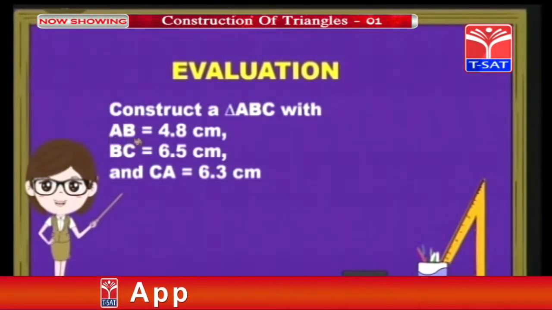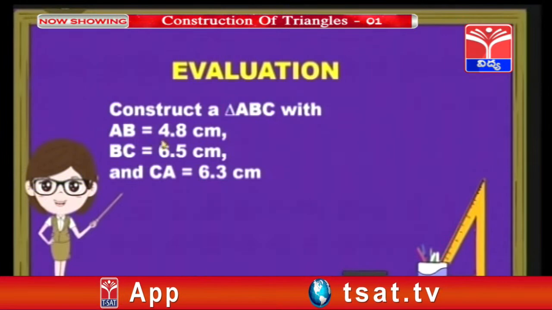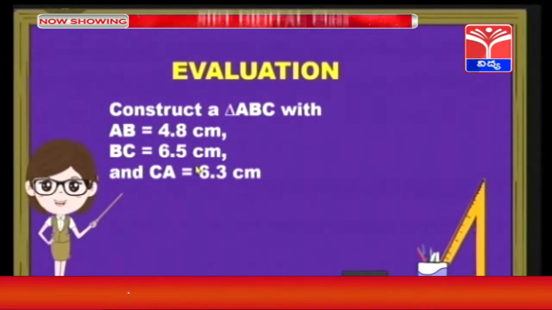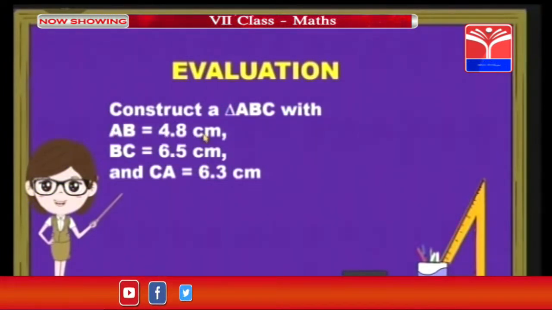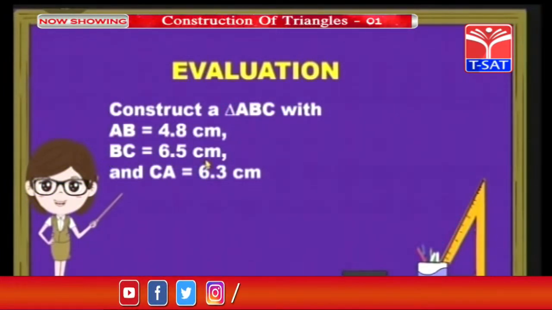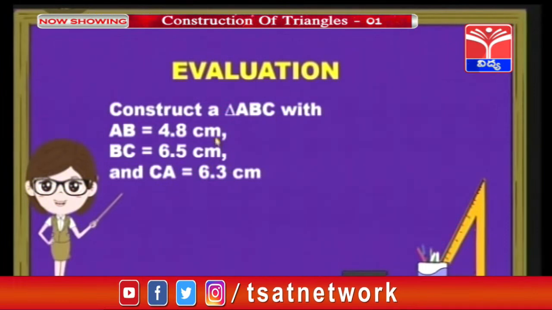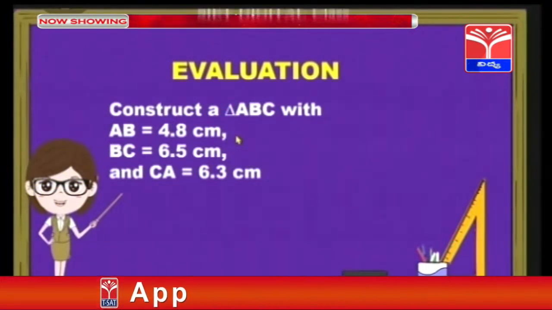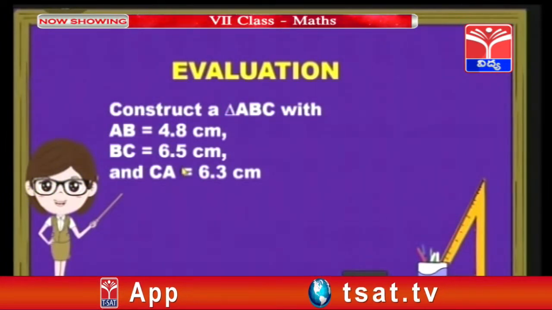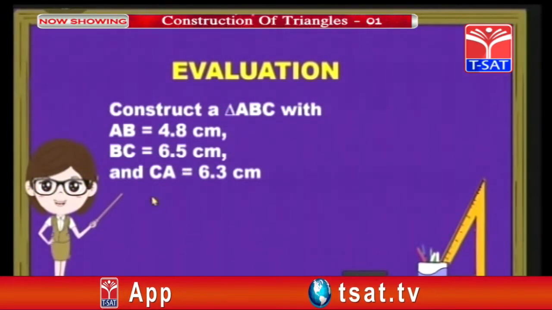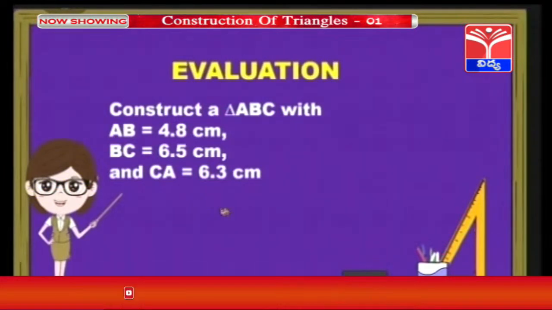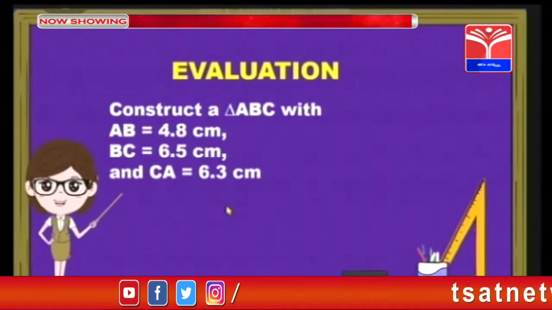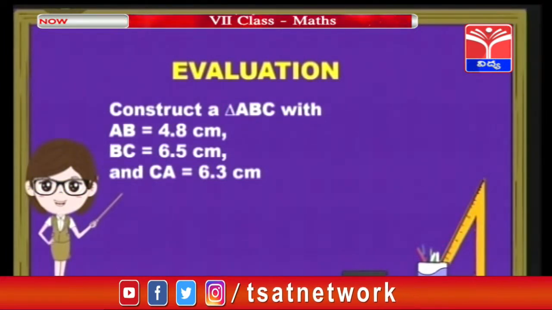First you have to identify by which situation we can construct the triangle. Here AB is a side, BC is a side, CA is a side. So by using sides you can construct the triangle. And here one important thing to remember is that we need not use a protractor; we can take the help of compass and scale.